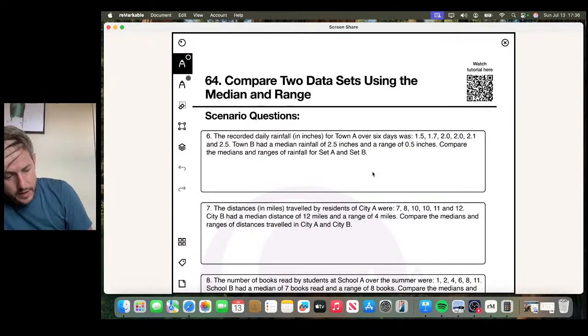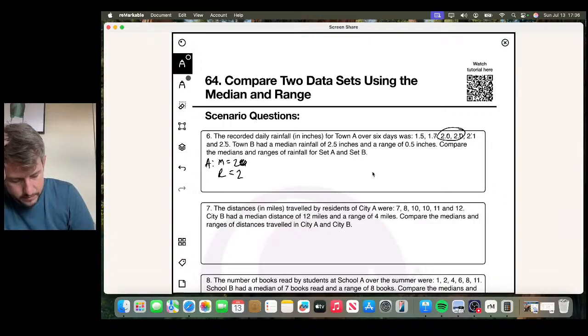Right, so are these in order? Yes. 1, 2, 3, 4, 5, 6. So 6 things, so 2 in the middle with 2 either side. So for A, we've got a median of M, R. So the M is 2. The range is 2.5 take away 1.5 is 2 as well.